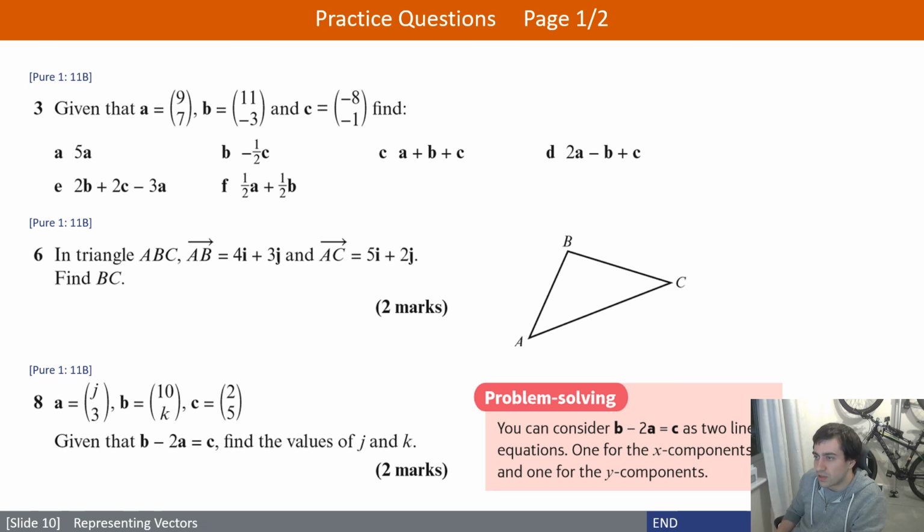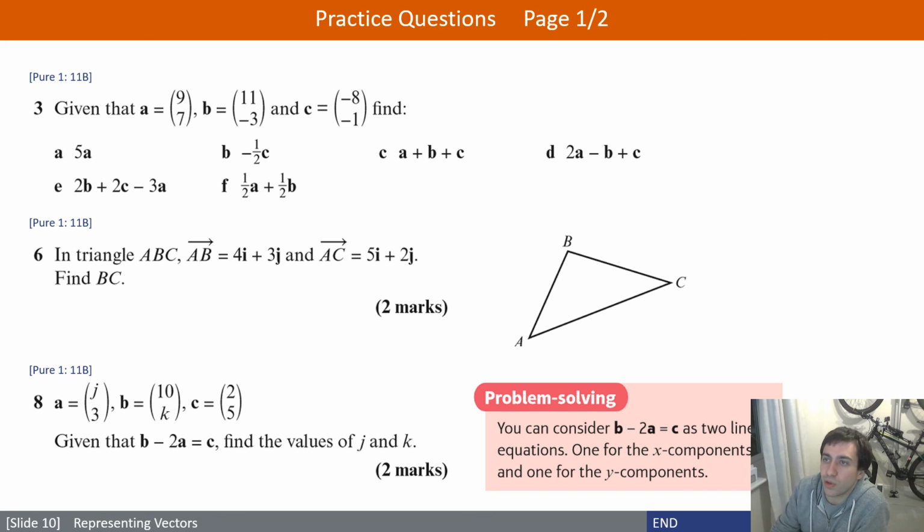Then question 6 is kind of coupling that with a little bit of your geometric understanding. 8 is then kind of bringing equations into it a little bit, but hopefully you should be able to answer that if you've understood what we've just talked about. And yeah, have a go at those, and then I'll let you pause and take a look at the final question once you've had a go.